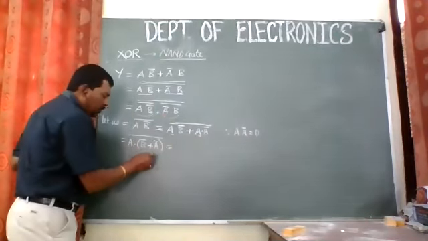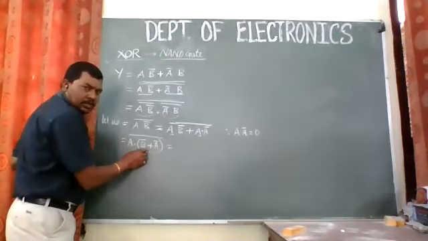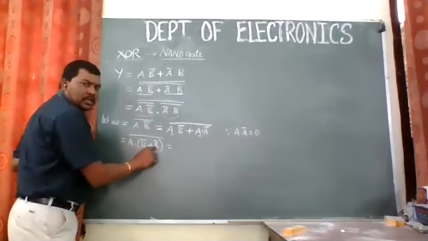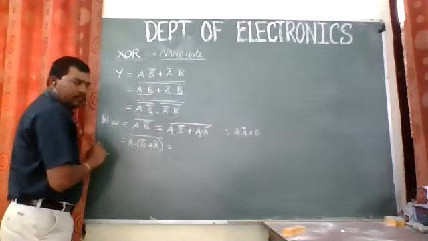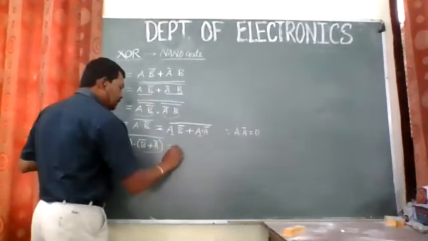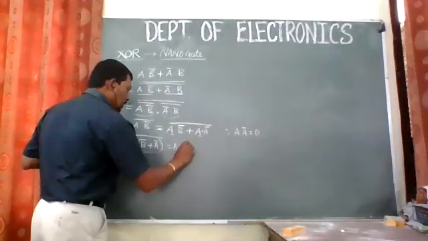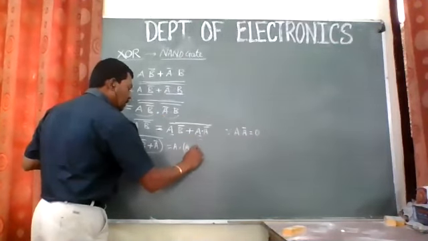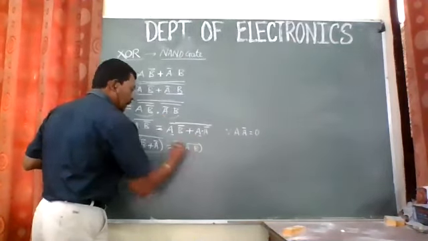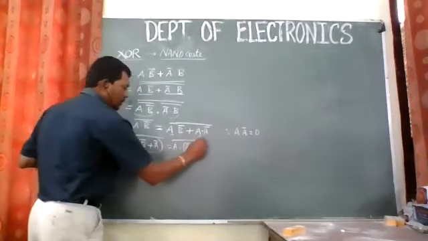Again, using De Morgan's theorem on this particular term, B bar plus A bar, we can write it like A dot (A dot B whole bar), with the whole complement.